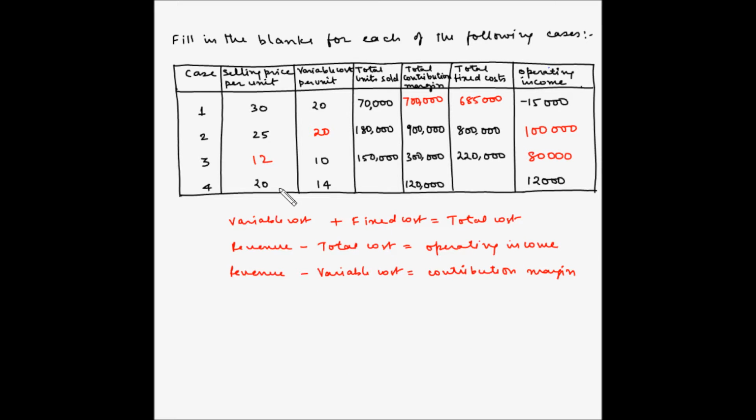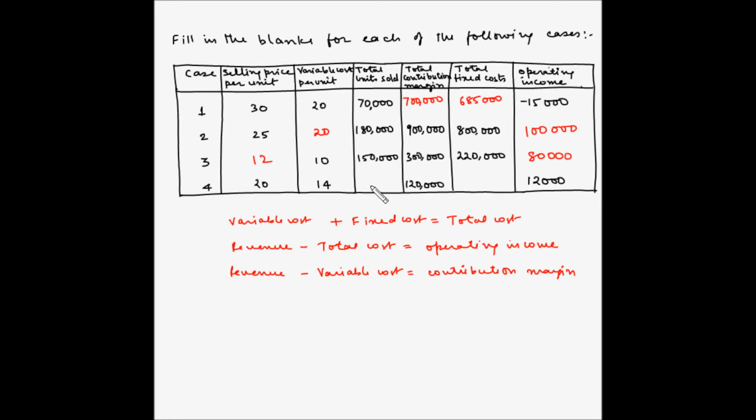So here we have the selling price per unit of $20. We have the variable cost per unit of $14. We don't know how many units have been sold. We know the total contribution margin, which is $120,000. We don't know the total fixed cost, and we know the operating income, which is $12,000.